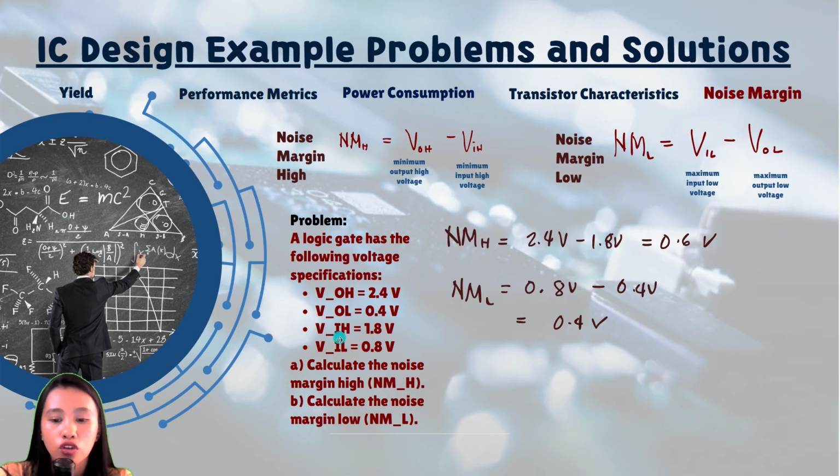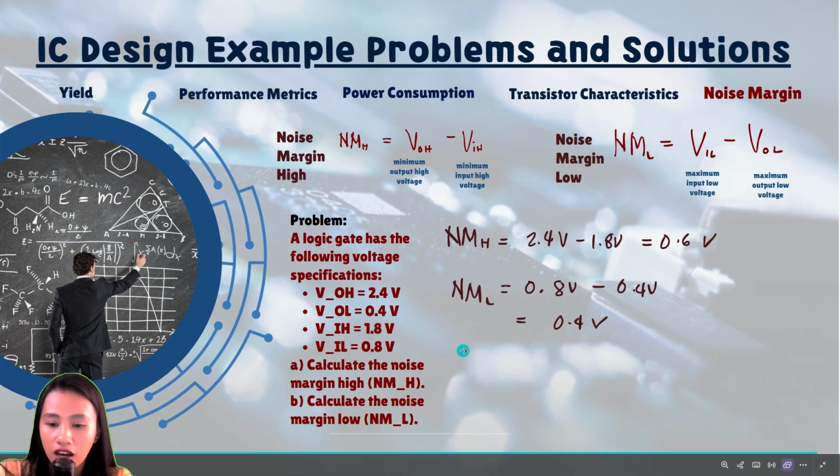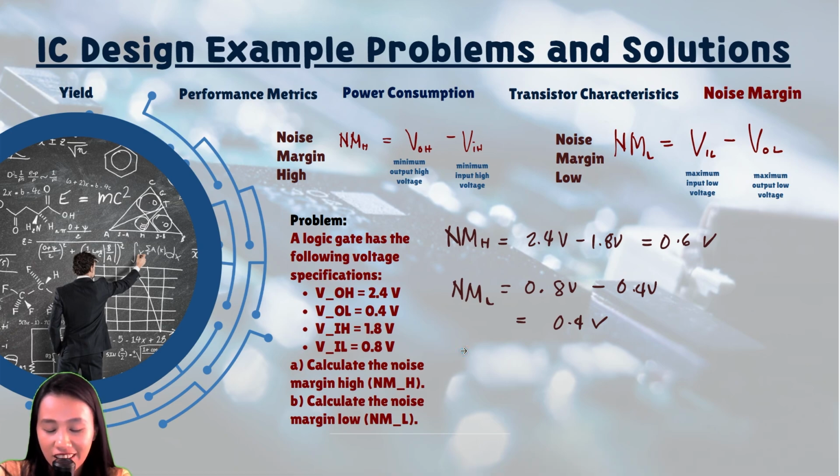So it asks, what is our noise margin high for a logic gate that has the following specifications. Our output voltage high is 2.4 volts. Our output voltage low is 0.4 volts. Our input voltage high is 1.8 volts and our input voltage low is 0.8 volts. So we need to calculate both the noise margin high and noise margin low.